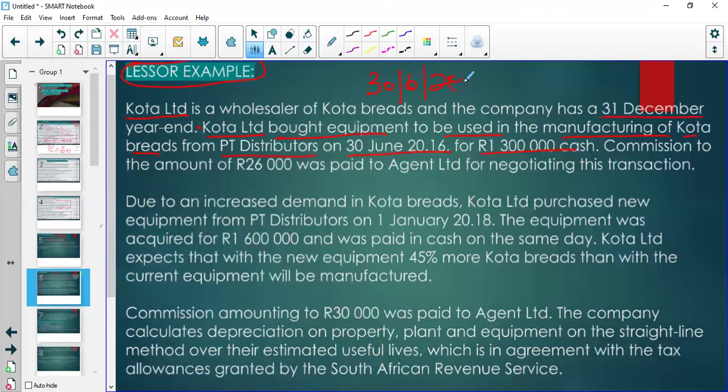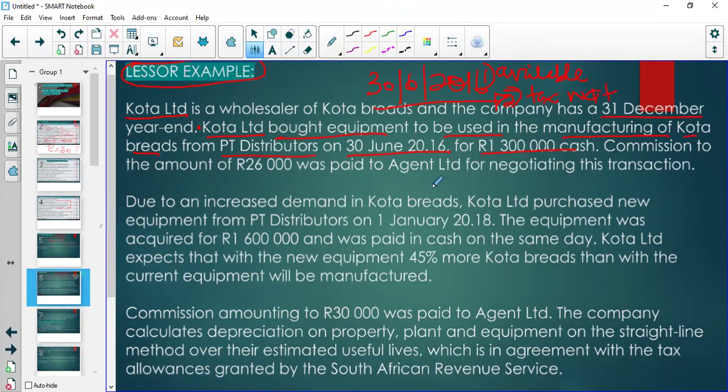You will remember that we start calculating depreciation when an asset becomes available for use, whether or not it was used during the same period. But when the asset is brought into use, we can start calculating our tax allowances or wear and tear.